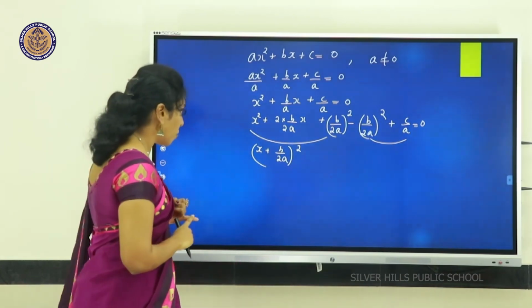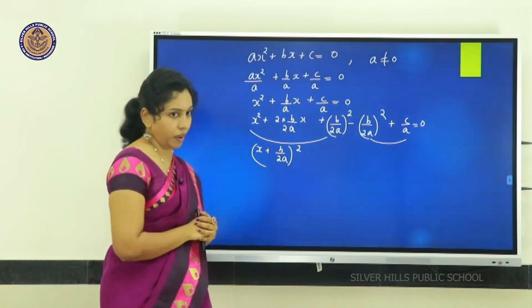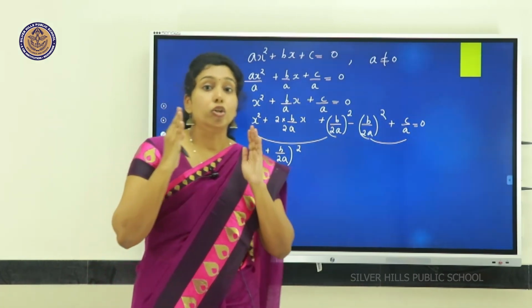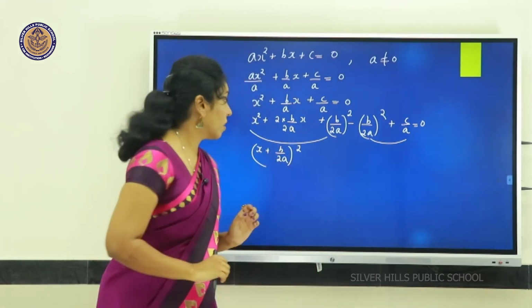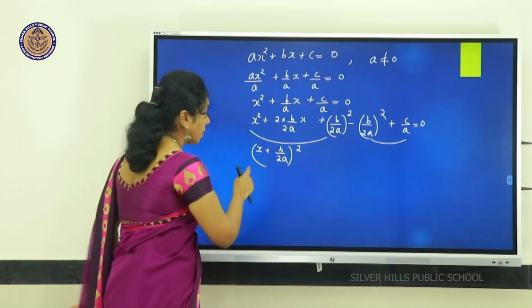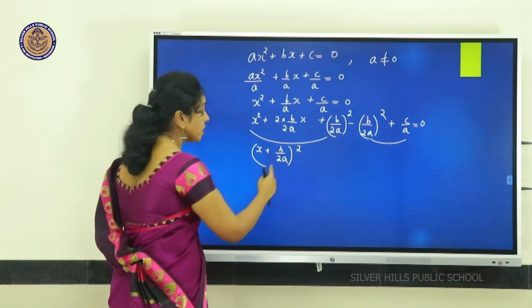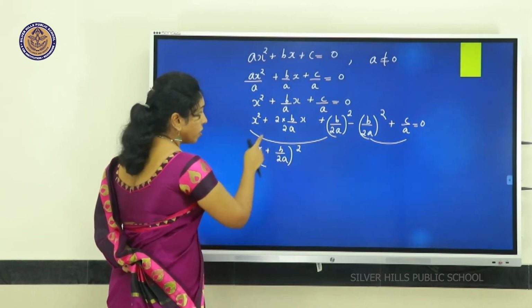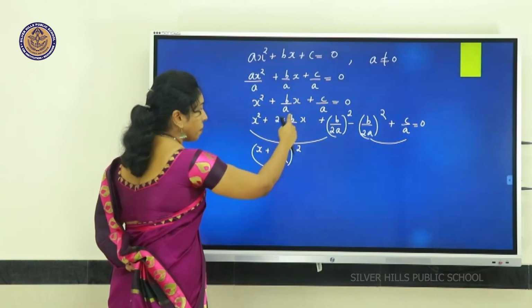So we have x square means here the first term x is x itself. I got x square plus 2xy or 2ab. So 2 into x is x itself and y is b by 2a.